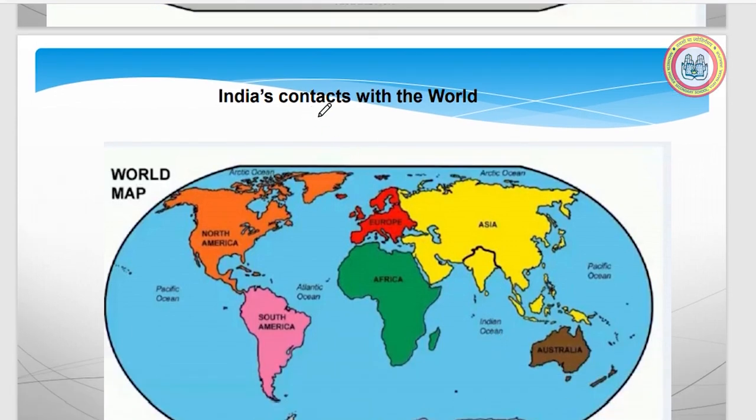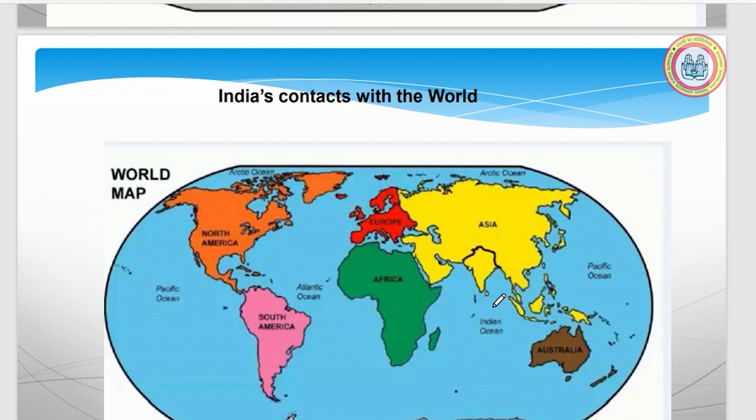India's contacts with the world. India has had close contacts with the world not only today but also in the past. India's contacts through land routes are much older than maritime contacts.